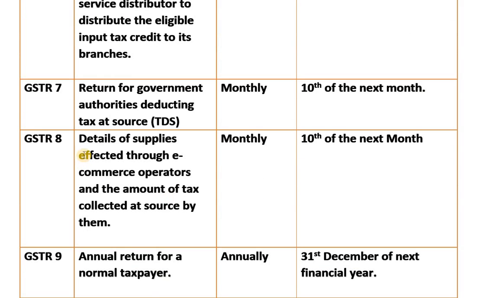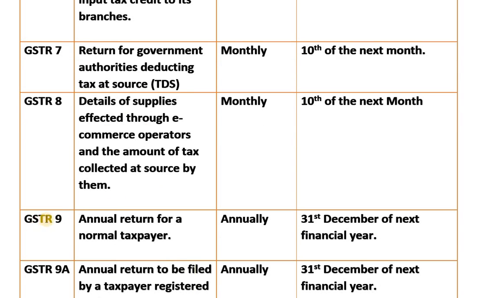Gstr 8 has to be filed by the e-commerce operator, and the amount of tax collected at source by them. This has to be filed on a monthly basis, and the due date will be the same, 10th of the next month. The Gstr 9 is the annual return for a normal taxpayer. It has to be filed annually, and the due date will be 31st December of the next financial year.